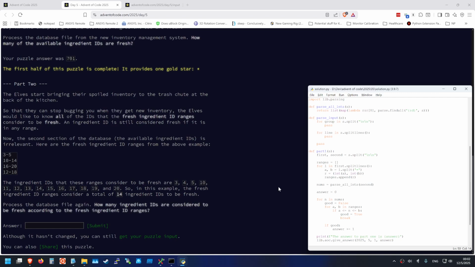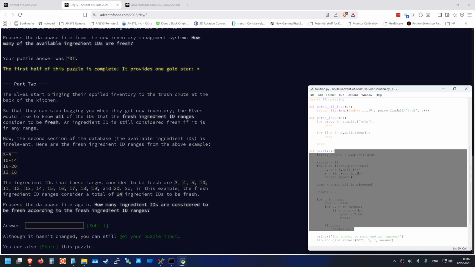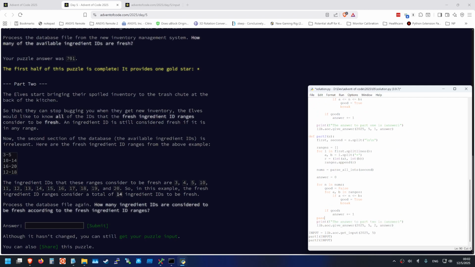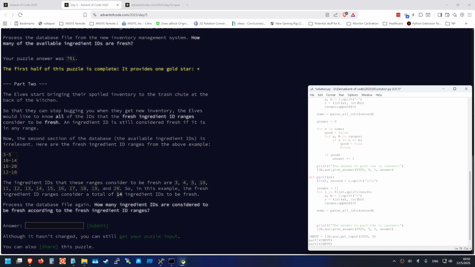Oh, okay. So this is range merging. Okay, I've done literally this before. I have to remember how to do this. So I get my ranges.